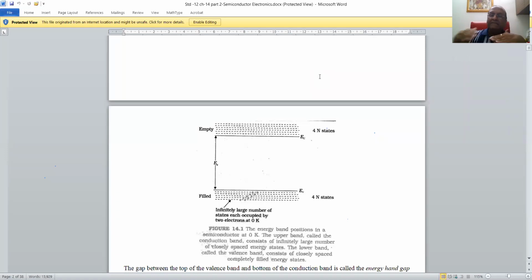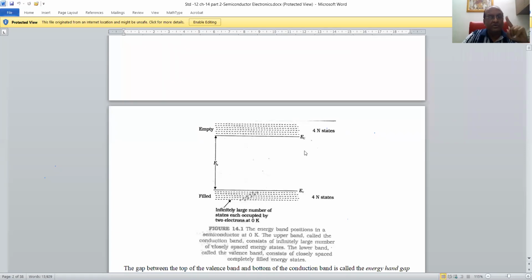And here there is the energy gap between the uppermost energy level of valence band and lowermost energy level of conduction band, and this conduction band is totally empty. Clear? And this valence band is filled. But this is the situation in semiconductors at absolute zero.